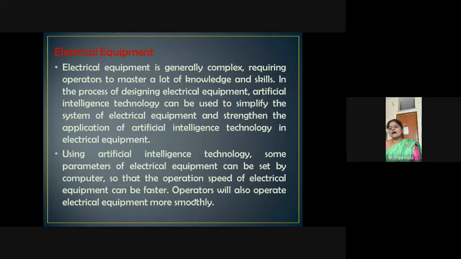Using this artificial intelligence technology, some parameters of electrical equipment can be set by computer so that the operation speed of the electrical equipment can be faster. The operator will also operate electrical equipment more smoothly.